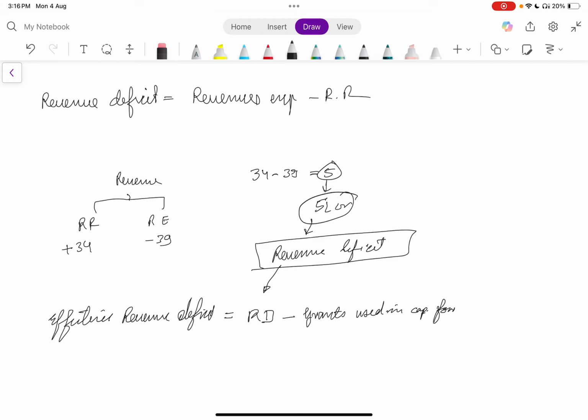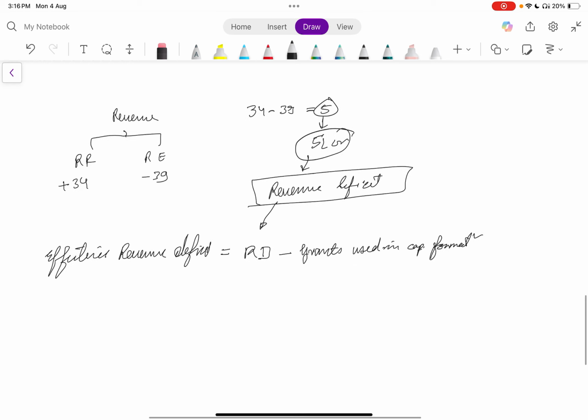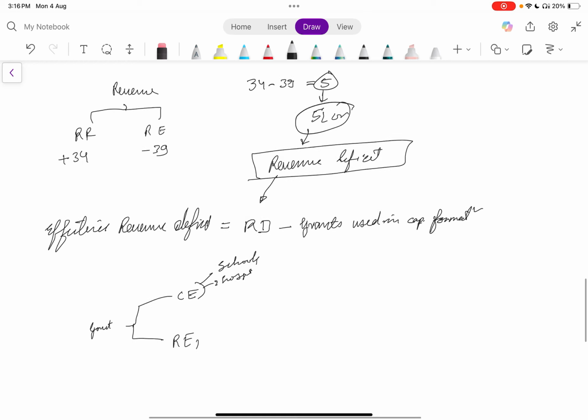So, capital formation. What happens is, a government has capital expenditure and it does revenue expenditure. Capital expenditure, for example, is making schools and hospitals, and in revenue expenditure, giving salaries to the personnel employed in these schools and hospitals.